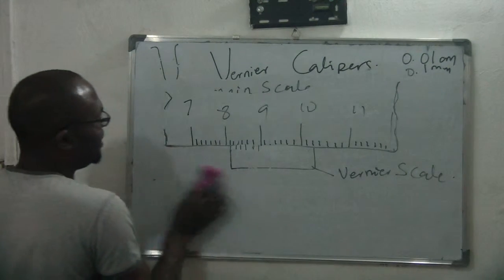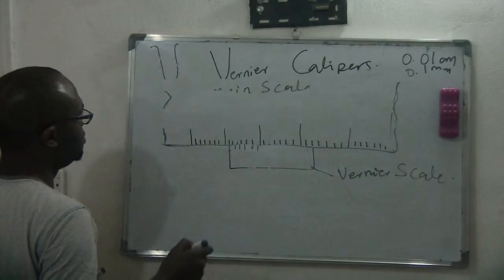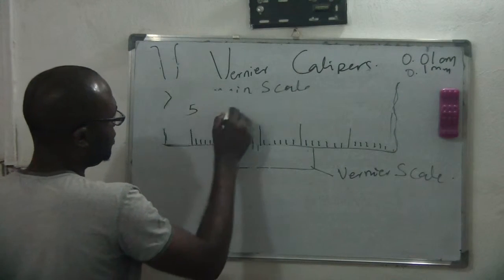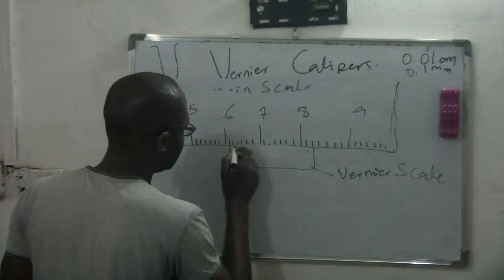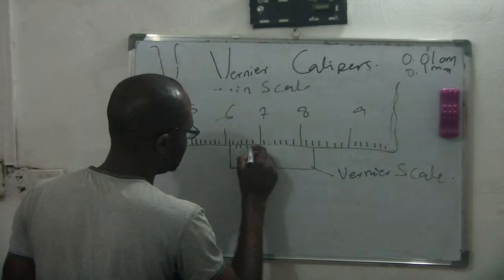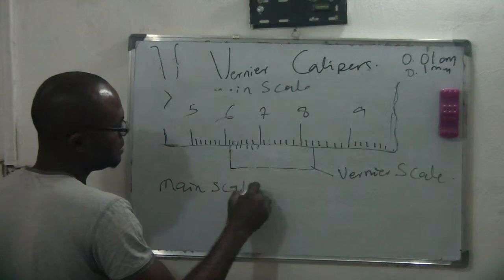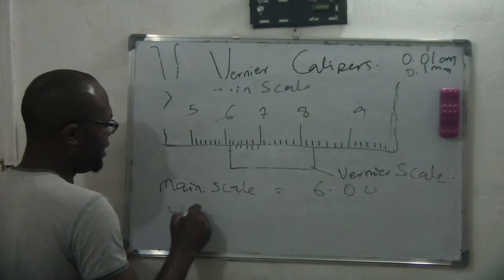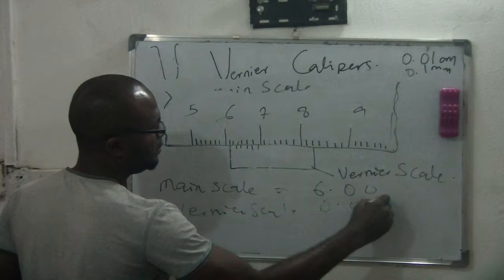Now somebody is going to tell me the reading for this one. What is the main scale reading? 6.00. What's the vernier scale reading? 0.03.